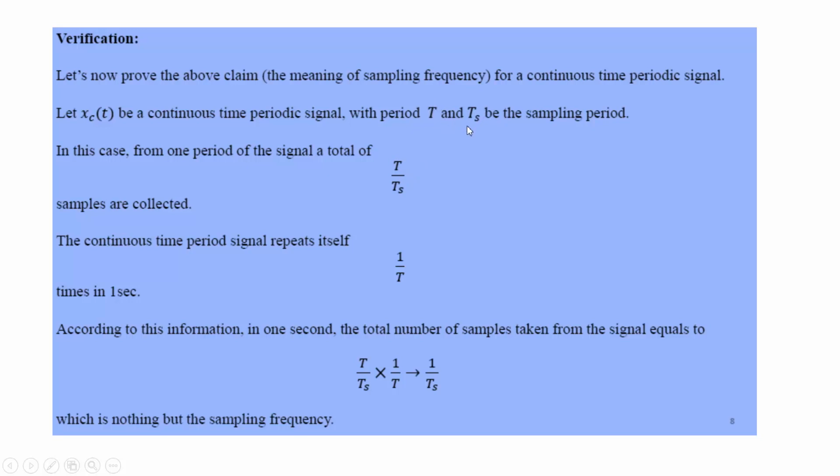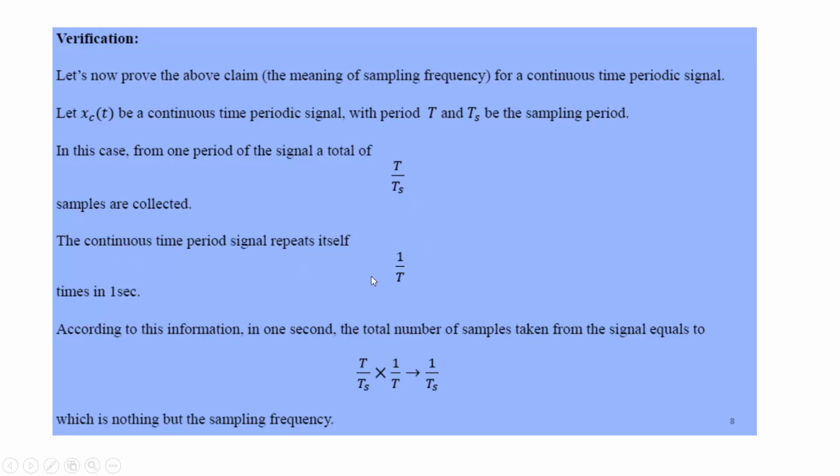If Ts is the time, then one sample is there, and if capital T is the time, then T by Ts will be the number of samples present in one period, meaning the period of the sine wave. We can calculate the number of samples from here in one period of the sine wave.